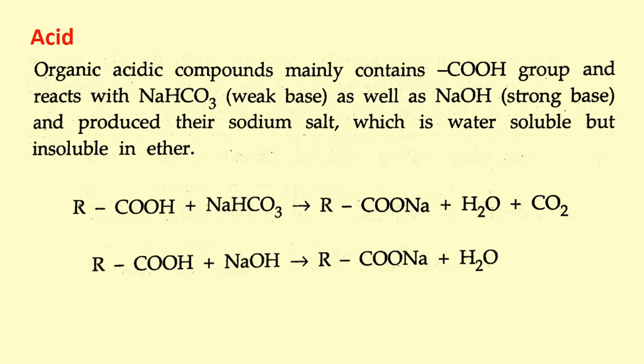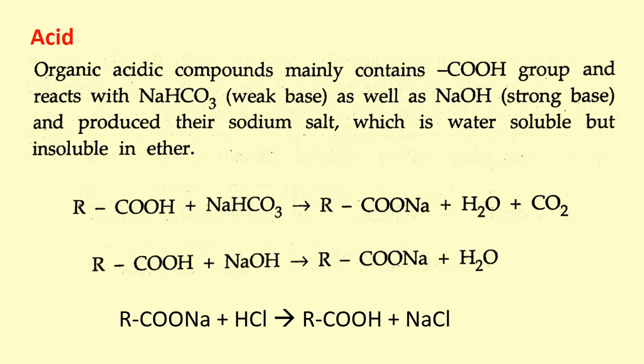Then reprecipitation is the important thing. How do we reprecipitate? We take the sodium salt and add hydrochloric acid; the acid reprecipitates only in acid. With HCl, the COO and H combine, and the reaction gives RCOOH and sodium chloride salt.